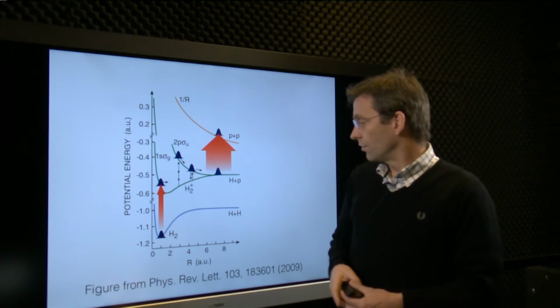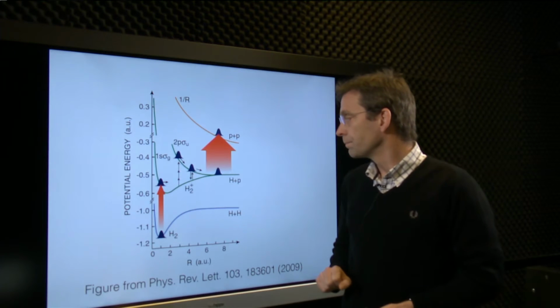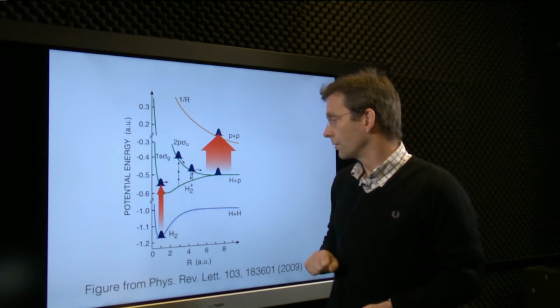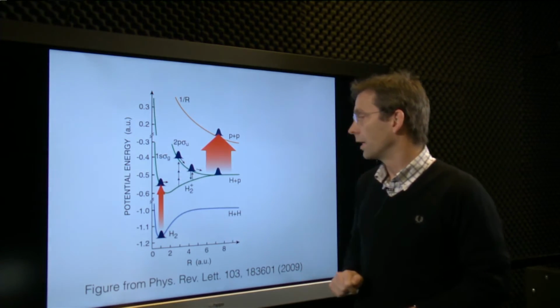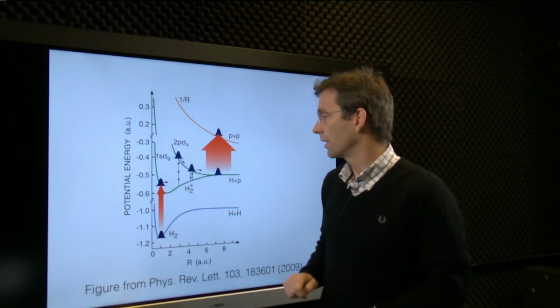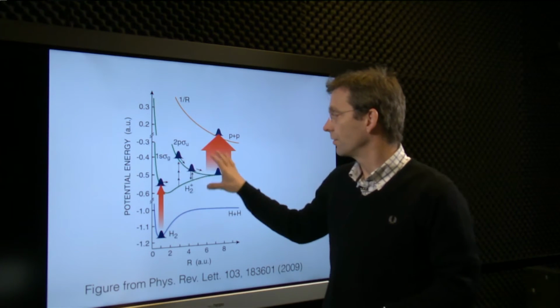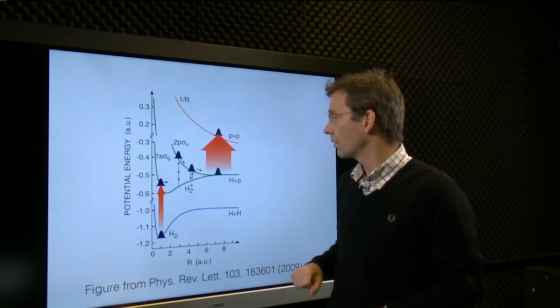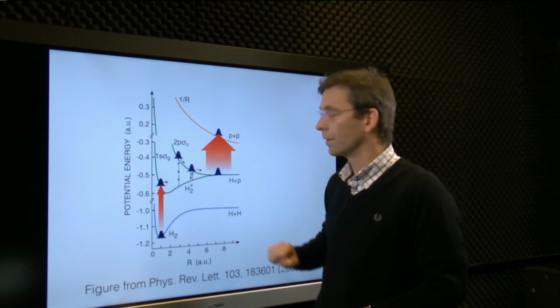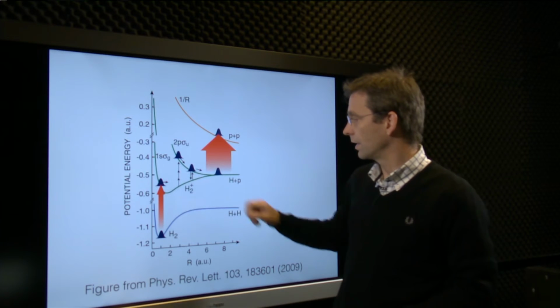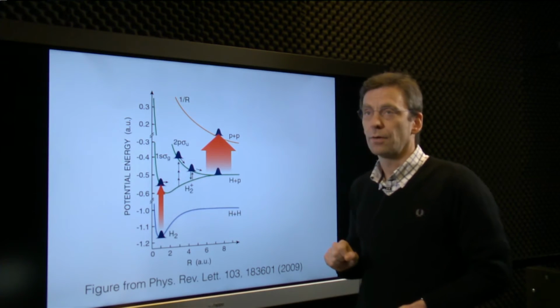Now, initially the system is in the neutral system, and when we turn on the laser, it will couple to the ionic system as sketched here by this red arrow. In the ionic system, dynamics during the laser pulse will happen, and couplings will occur between these states involved as sketched here by the black arrows.